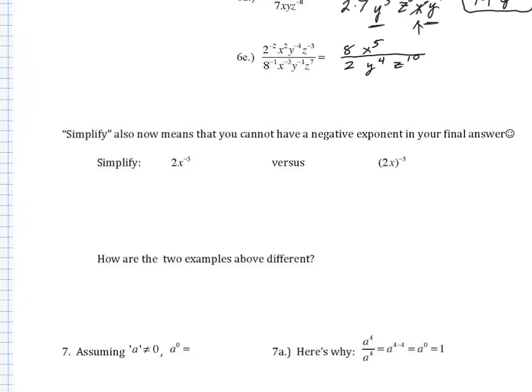Oh, I'm sorry. It's gonna be 4x to the 5th over 2 y to the 4th z to the 10th. No, it's 4, not 2. Oh, you're right. Thank you. It's gonna be 2. Got it.